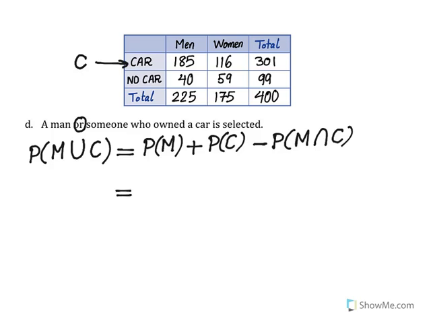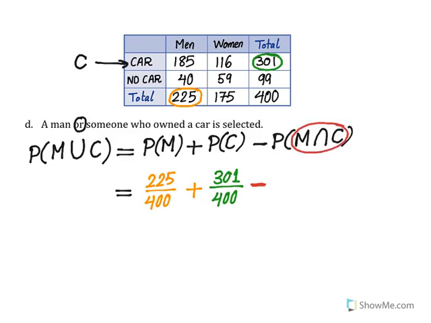So again, probability of man, how many men do we have? 225 out of the total number, 400, plus probability of having a car is 301 out of 400. So we have 301 people who own cars out of 400. Here it doesn't matter male or female. It's not conditional probability or anything like this. Minus, now how many males own cars? So you want male and owns a car.